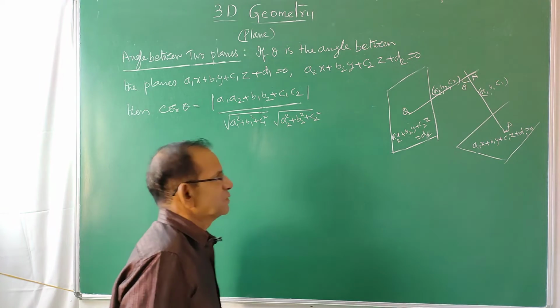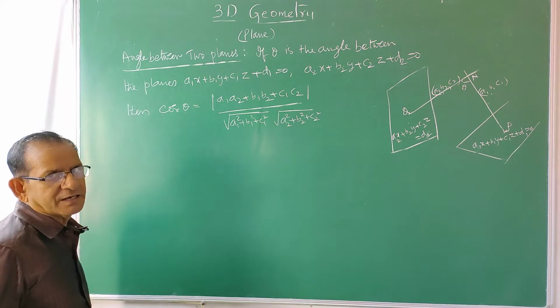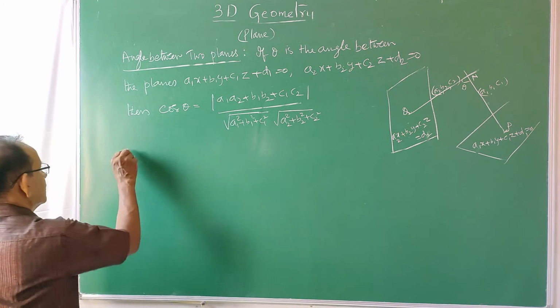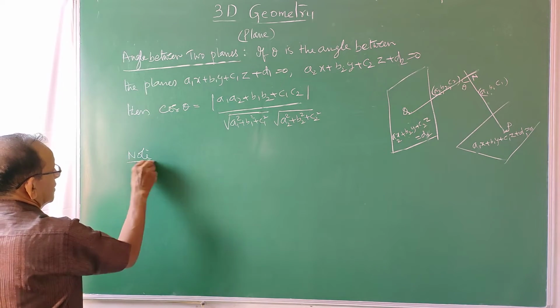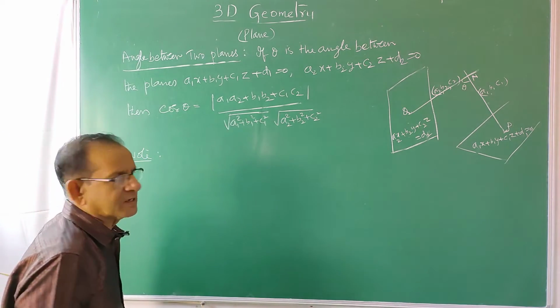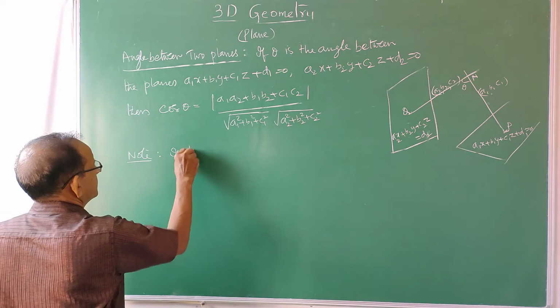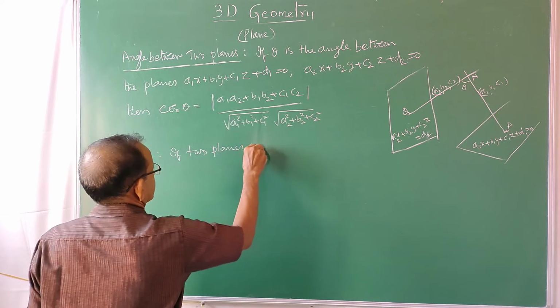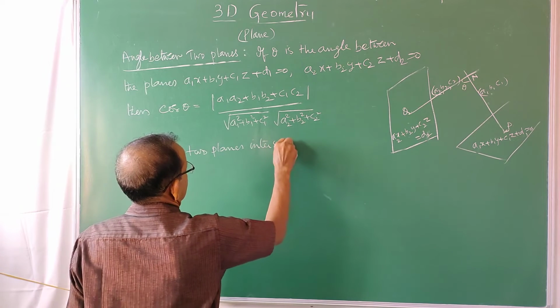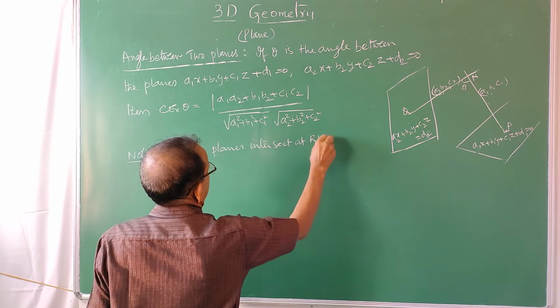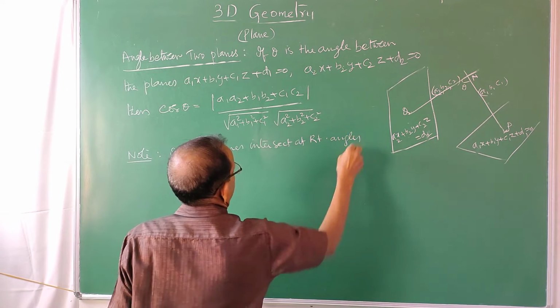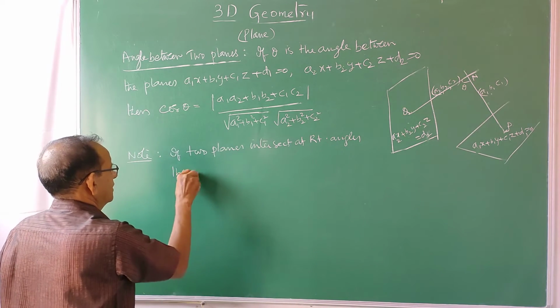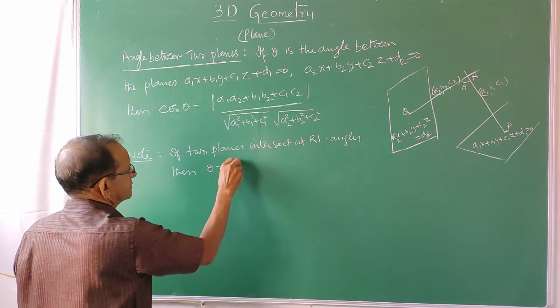Suppose the two planes intersect at right angles, note, that means they are called perpendicular planes. If two planes intersect at right angles, then theta is equal to 90 degrees.